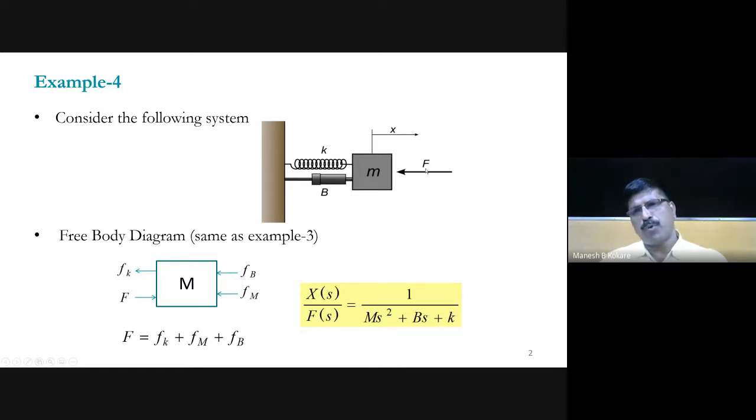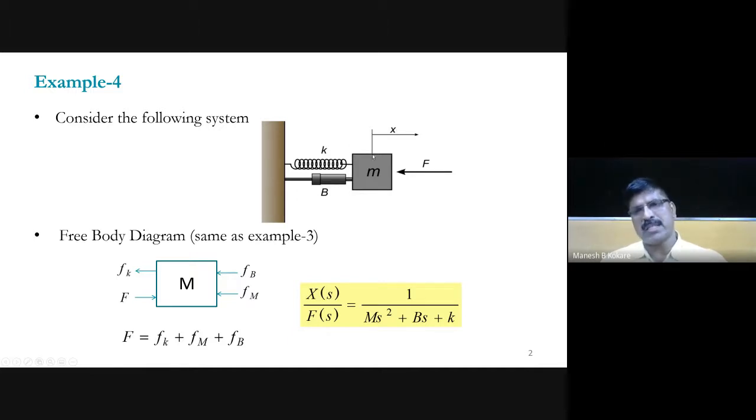When you apply a force on this system, there will be an opposing force offered by this mass element, which is directly proportional to the acceleration. Also, there will be an opposite force offered by the dashpot element, which is directly proportional to the velocity, and there will also be an opposite force offered by the spring element, which is directly proportional to the displacement.